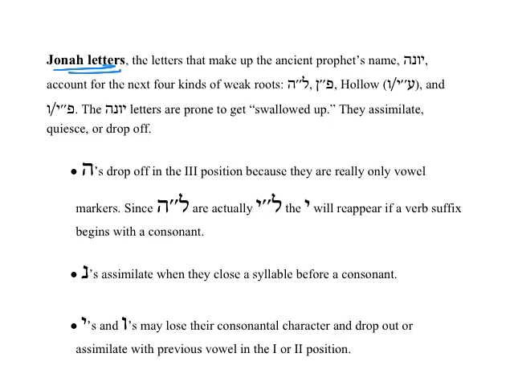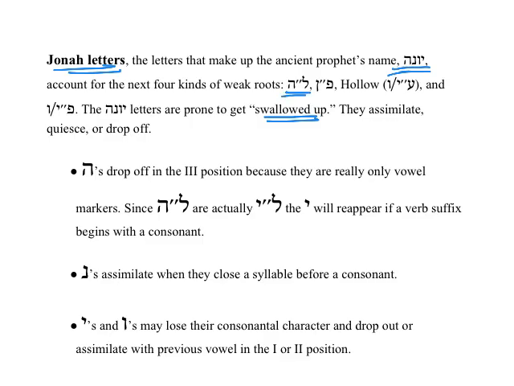Now again, the Jonah letters are Yod, Vav, Nun, He, and we can treat these just as a general class because they all share something in common. That is, they have a tendency to become swallowed up, just like the prophet, under certain circumstances when they're conjugated into different kinds of verbs.